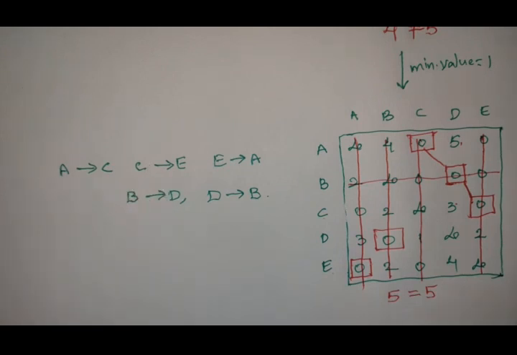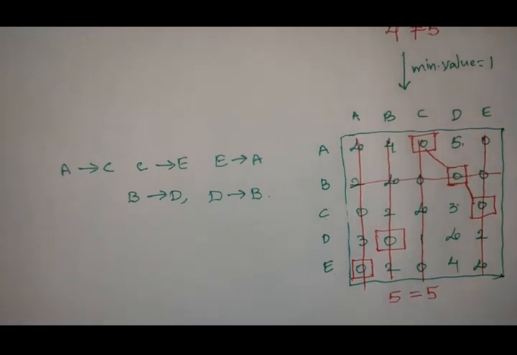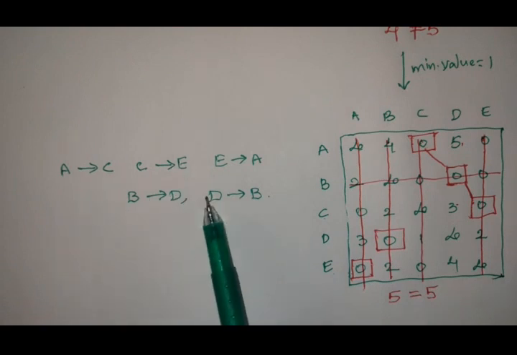So we need to make these 2 routes into a single route so that we can find the shortest route, so that the traveling salesman can travel. How to find the shortest route? In order to find the shortest route, we are using a technique called the single routing technique.